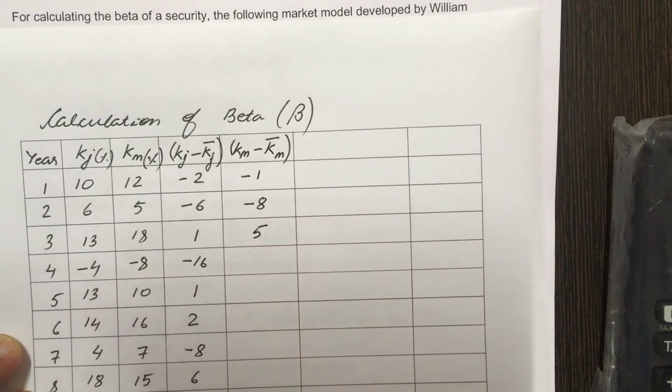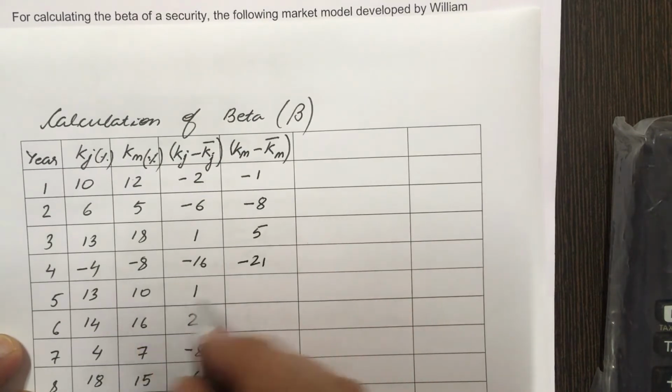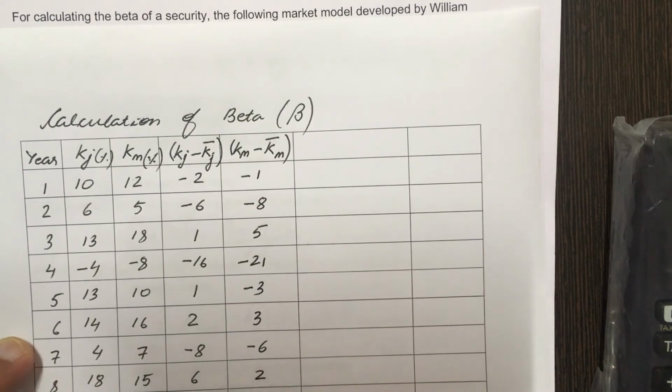Minus 8 and minus 13, that is minus 21. Then this will be minus 3. This will be 3. This will be minus 6. This will be 2. This will be 17 and 12.